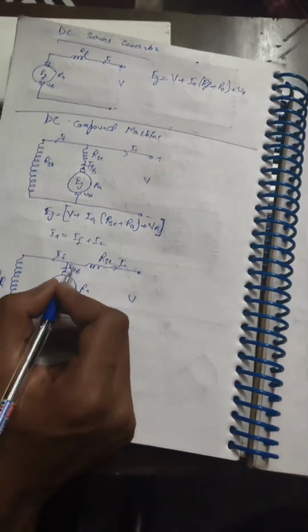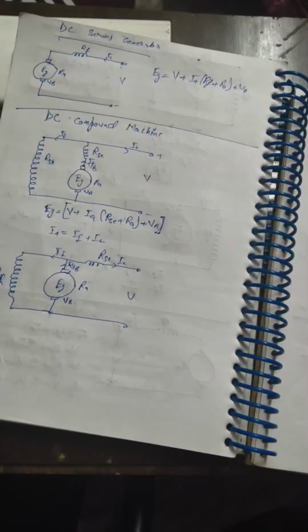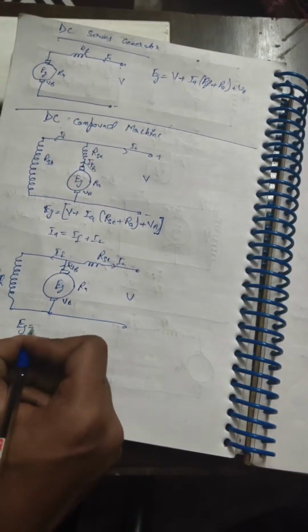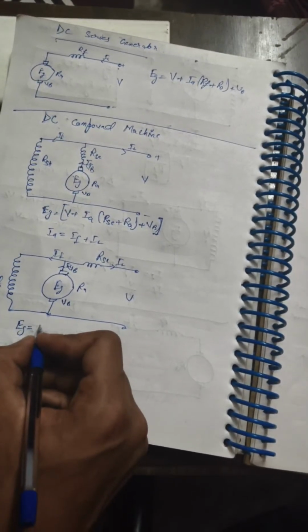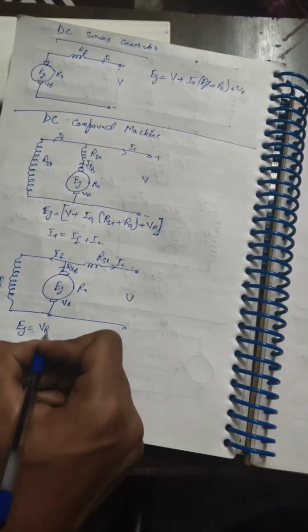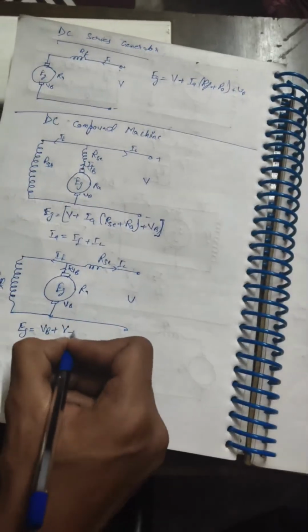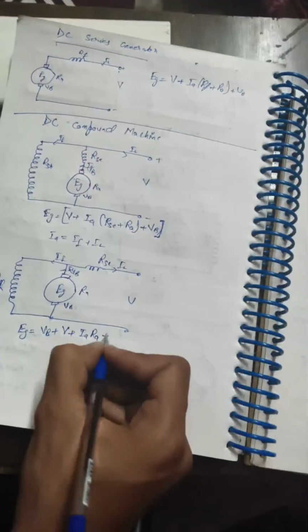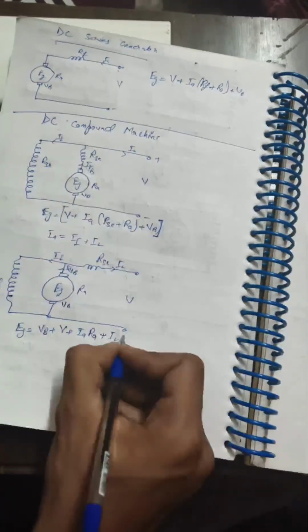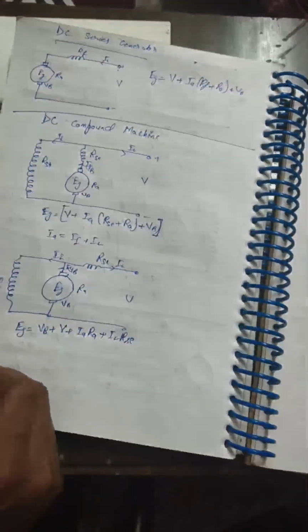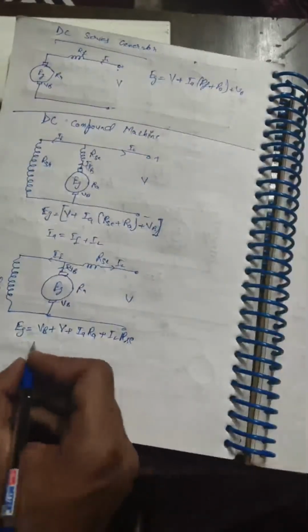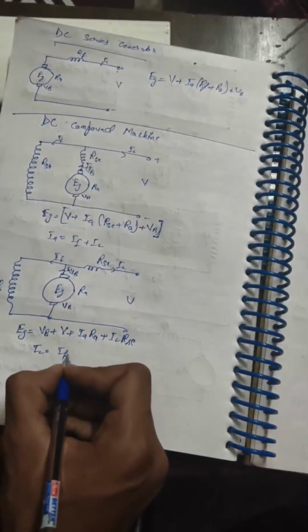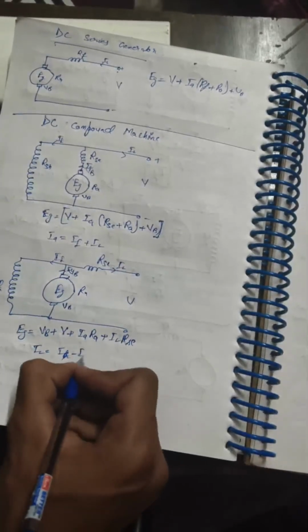So we have mentioned that already. Now the equation will be EG equals VB plus V plus IA RA plus IL RSE, and IL can be defined as IA minus IF.